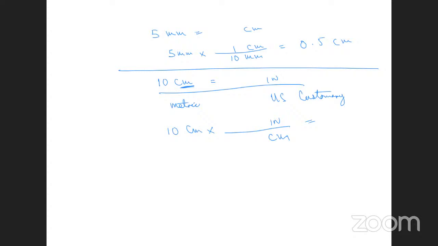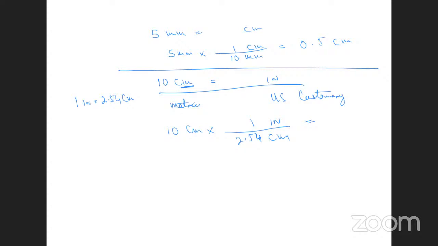So we'll say 1 inch is 2.54 centimeters. Or they might give 1 centimeter, how many inches? So I would say 1 inch is 2.54. So I put 1 here, 2.54 there. And then I get the answer.